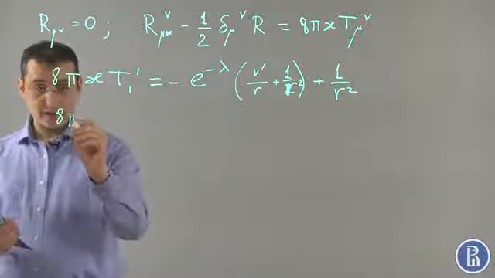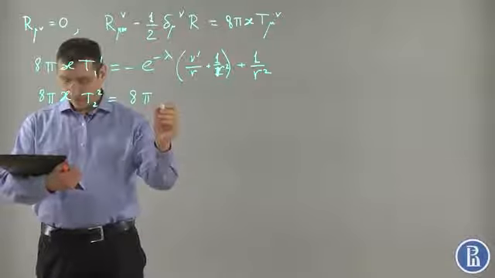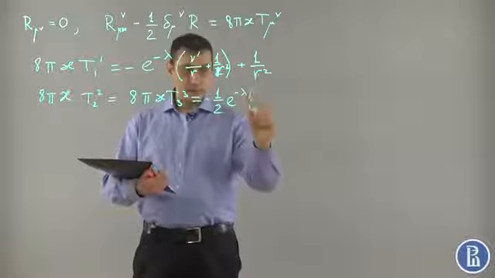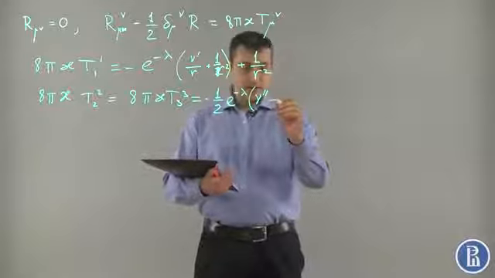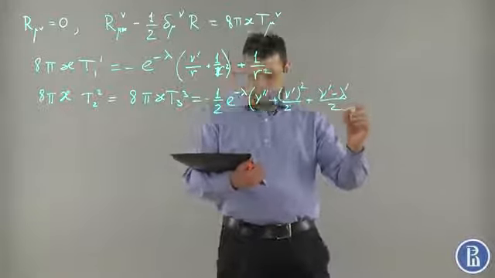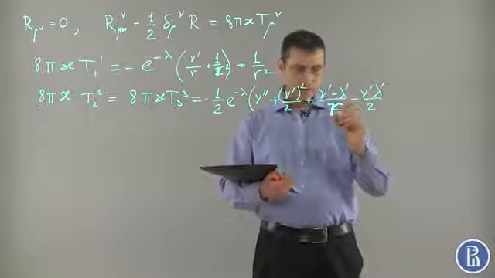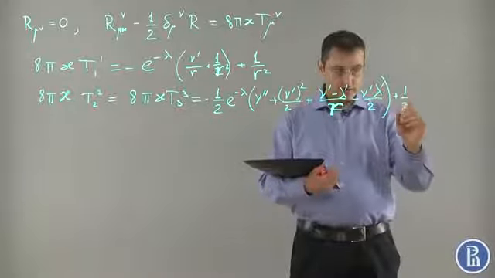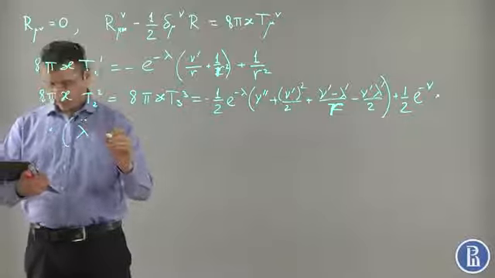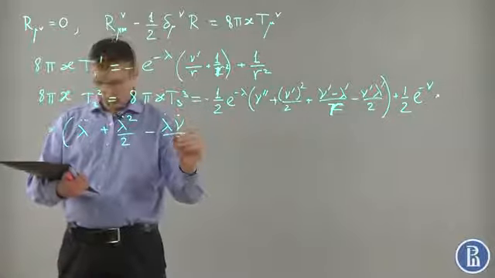Then there are two equations, 8 pi kappa T22 is equal, the same form, two equations of the same form, 8 pi kappa T33 is equal to minus half exponent of minus lambda times nu double prime plus nu prime squared over 2 plus nu prime minus lambda prime over 2 minus nu prime times lambda prime over 2, here over r rather than over 2, plus 1/2 exponent of nu multiplied by lambda double dot plus lambda dot squared over 2 minus lambda dot times nu dot over 2.